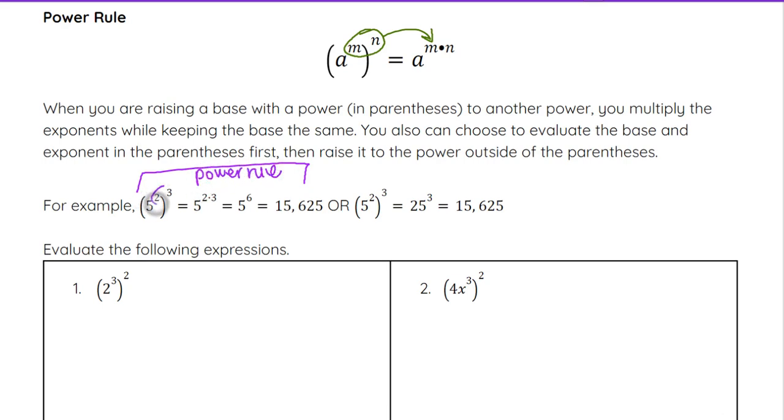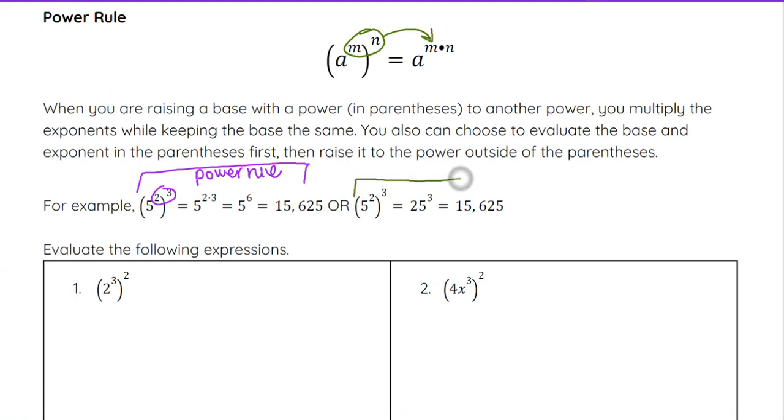We evaluate 2 times 3. And yes, it is 2 times 3, not 2 to the third power. It is 2 times 3 when it's written this way. 2 times 3 is 6. And 5 to the 6th power, either multiplying it out or knowing it, probably more likely to multiply it out, you would get 15,625.